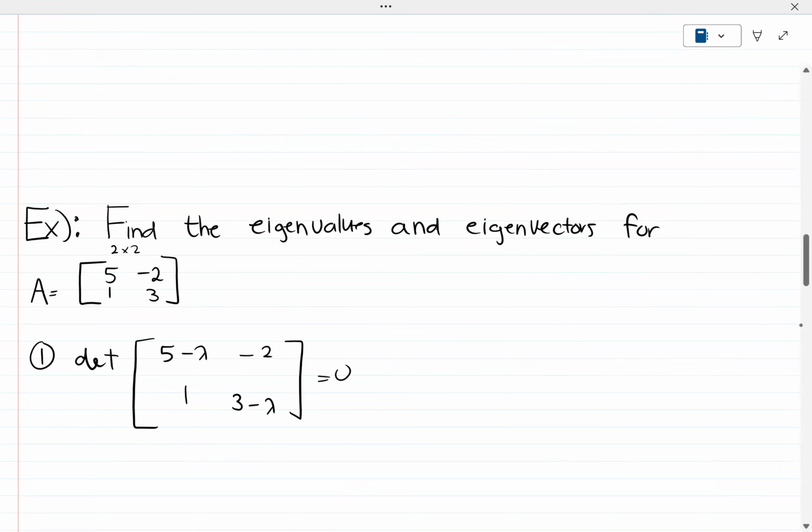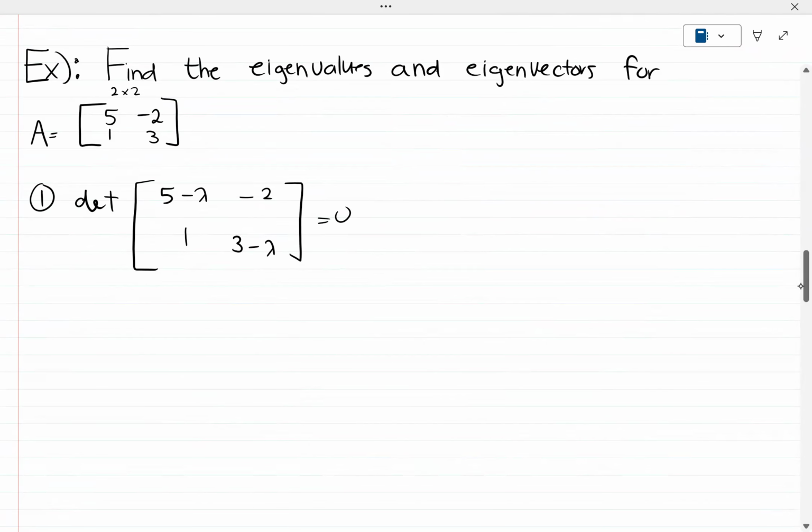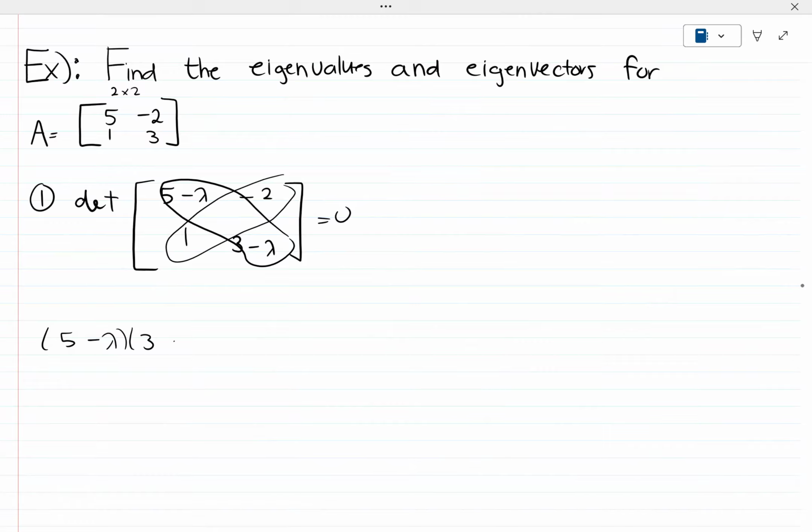What you would do next is take the determinant of a 2 by 2, so it's major minus minor. That gives you 5 minus lambda times 3 minus lambda, minus negative 2 times 1, equals 0.